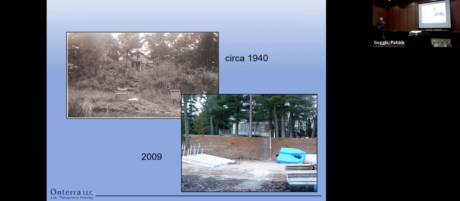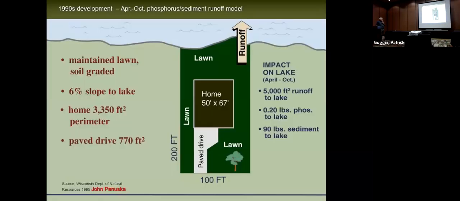So we want to look at what impact this shoreland development and changes in shoreland development is having on the lakes. In the 1990s, as part of this type of work, John Panuska at the Department of Natural Resources developed a model where he looked at runoff of water, sediment, and phosphorus from lakes prior to cottage development, then with early cottage development, and then in the 1990s.